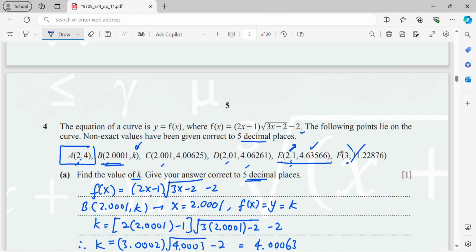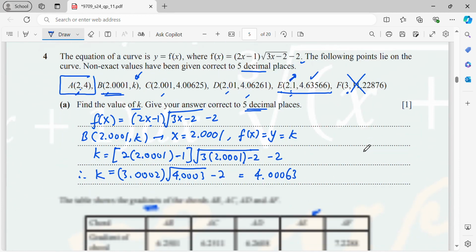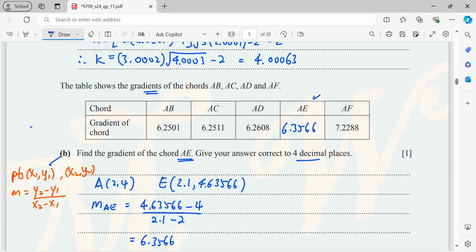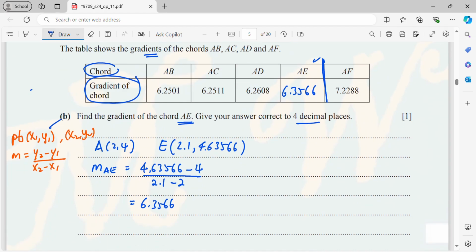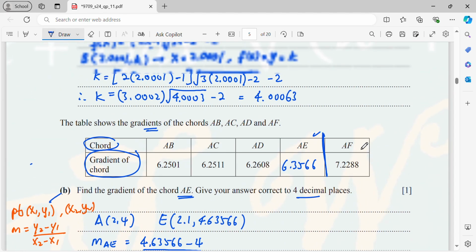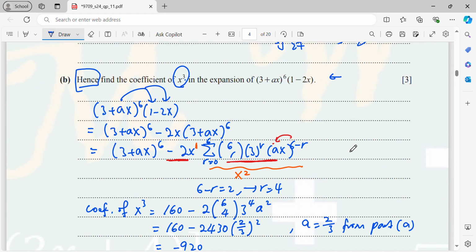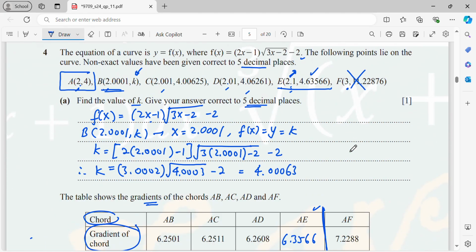That means we should not consider the point F in our gradient. So now you refer to the table. It means that you just consider the chords and the gradients up to AE. Okay, so from here, when you refer to the AE, where is the E? The E here is 2.1, and now we need to find out f prime 2.